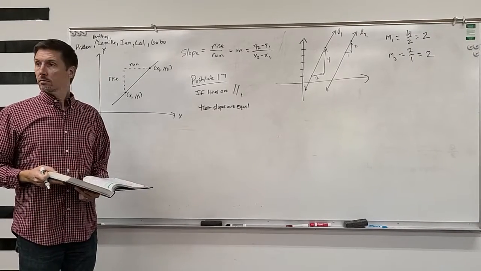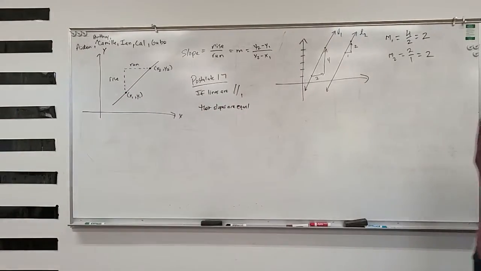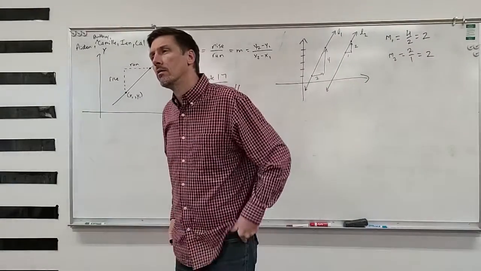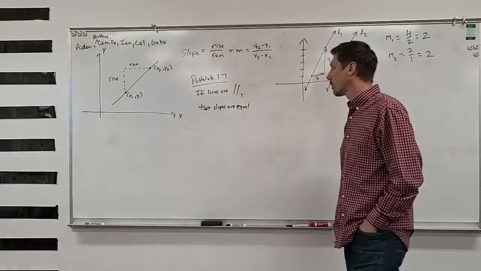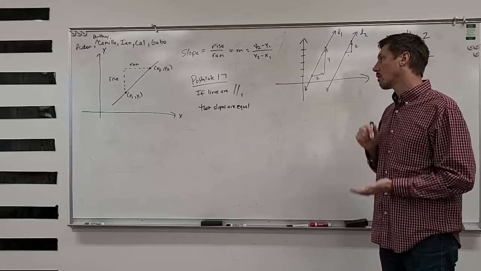So if we were to have a quiz, and if we were to be making a proof and we were to use this postulate, would we write postulate 17, or would we write slope of parallel lines? Or both?